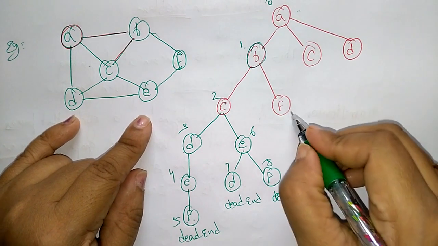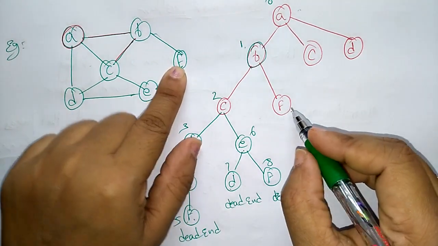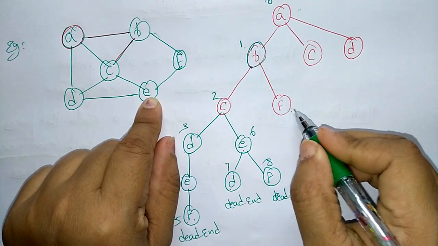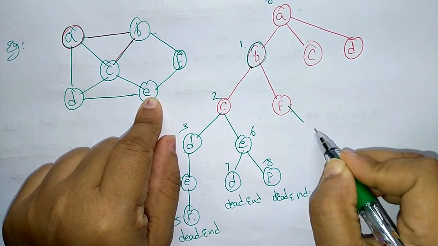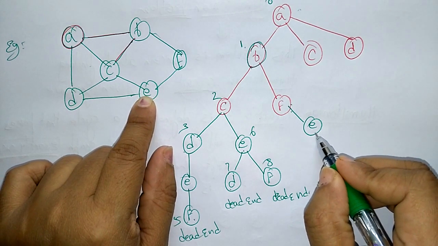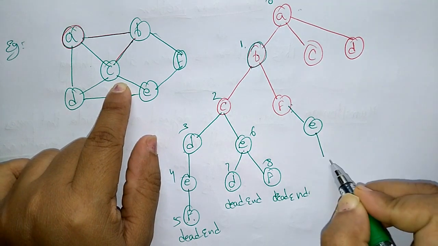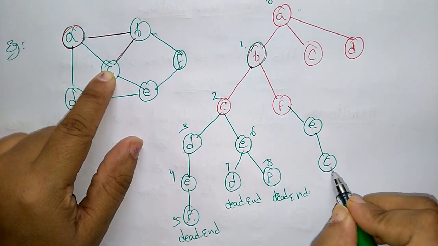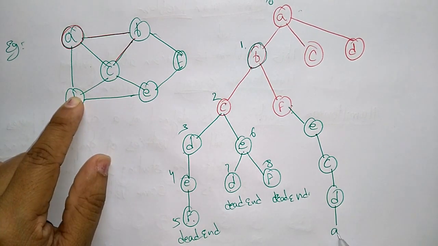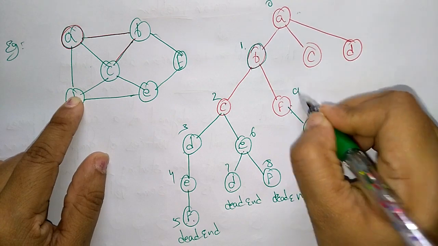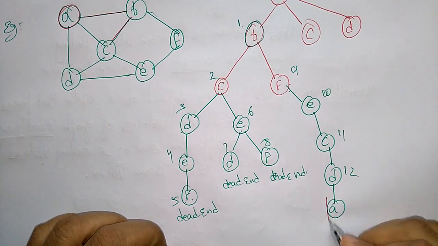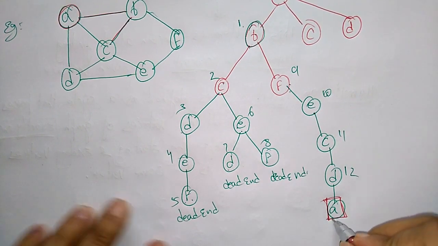Now coming to F. From F, what are the adjacent vertices that are not visited? E. From E, the vertex not visited is C. From C to D, and D to A. So levels 8, 9, 10, 11, 12, and this is the final vertex, the starting vertex.